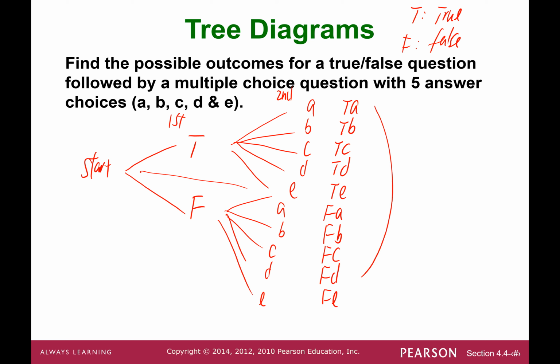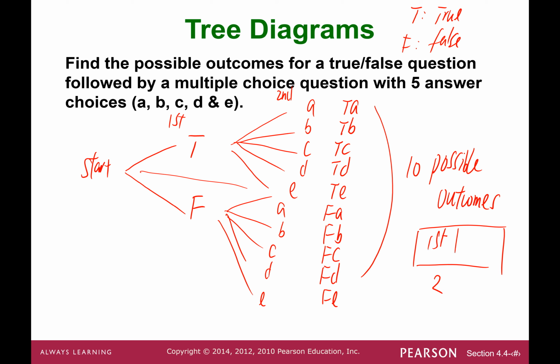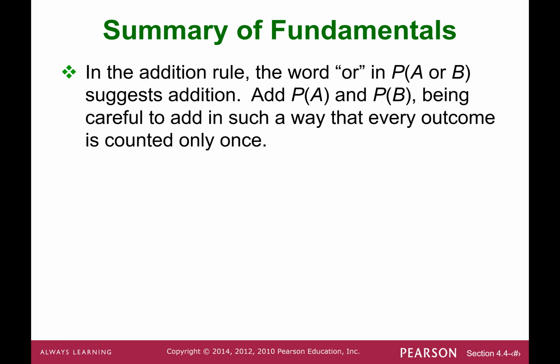As you can see, we have 10 possible outcomes here. Another way of looking at this is, for the first you get 2 choices, and for the second you get 5 choices. They are independent.